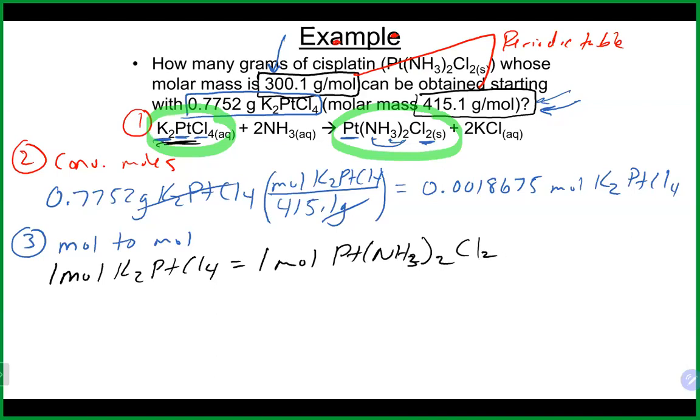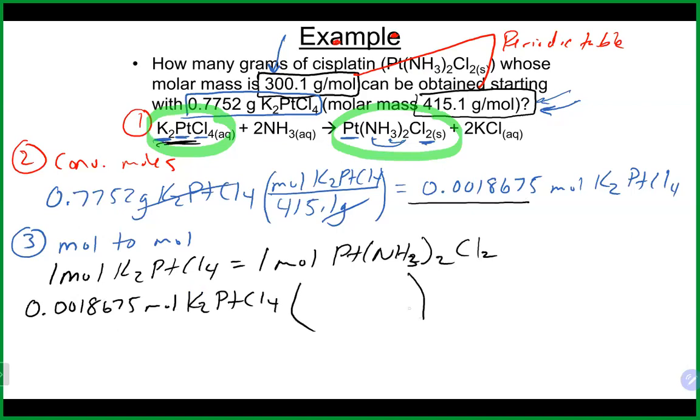So we're going to use that, and our number that we started with there, we're going to continue on with it, 0.001867 moles of our K2PtCl4. Using the mole to mole relationship here, it is 1 mole of K2PtCl4 gives us 1 mole of our product here.